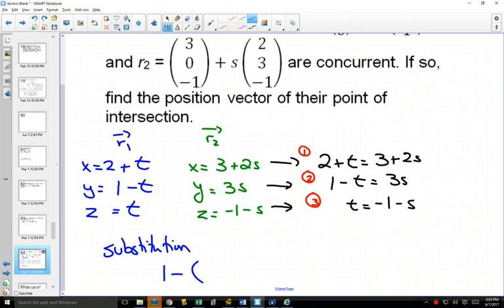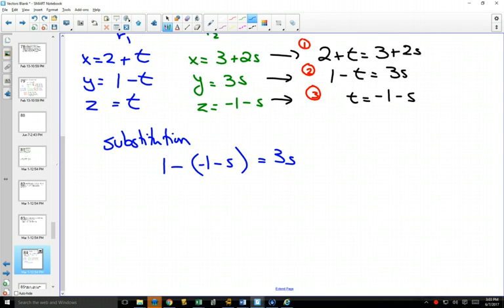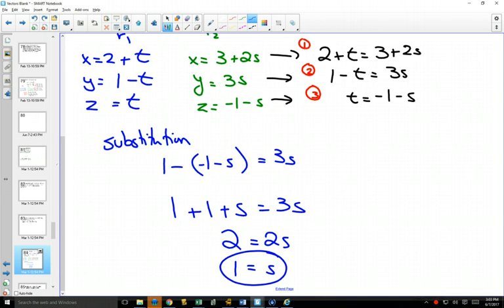So if you use equation 2 and equation 3, and you decide I want to use substitution, I can start writing equation 2, but instead of writing a t, I'm going to write -1 minus s. That's equal to 3s. So this is going to be 1 plus s equals 3s. 2 is equal to 2s. s would equal 1.